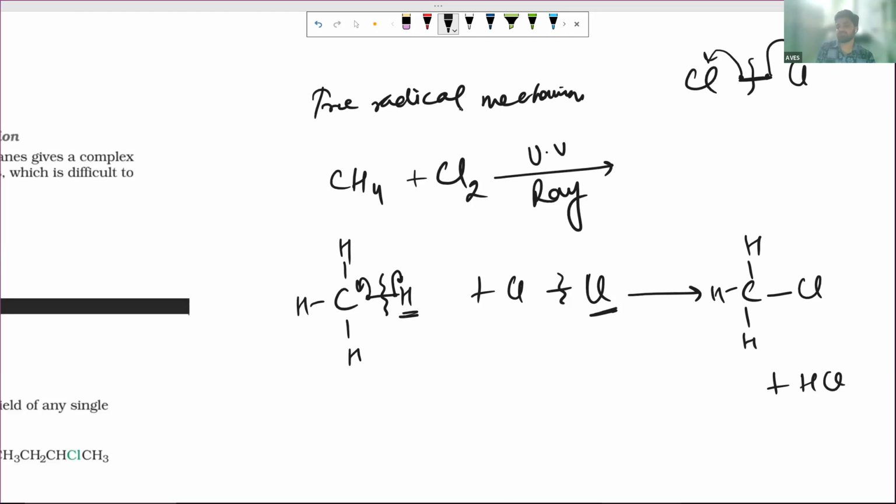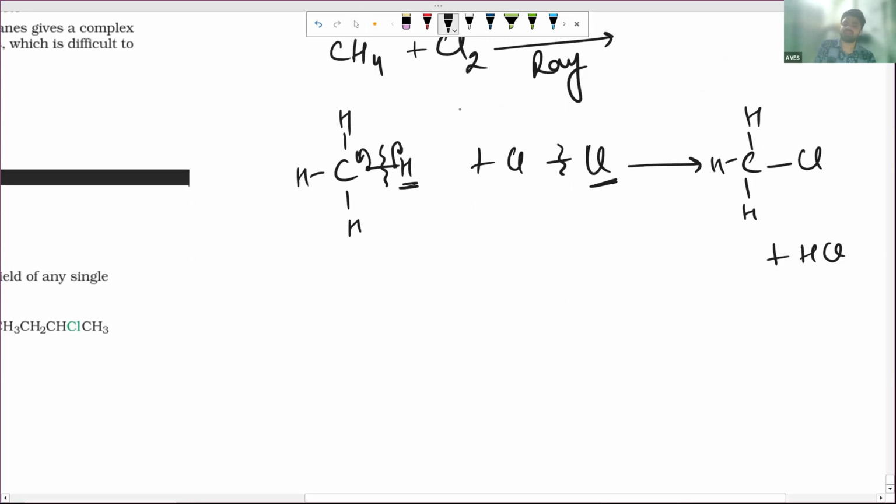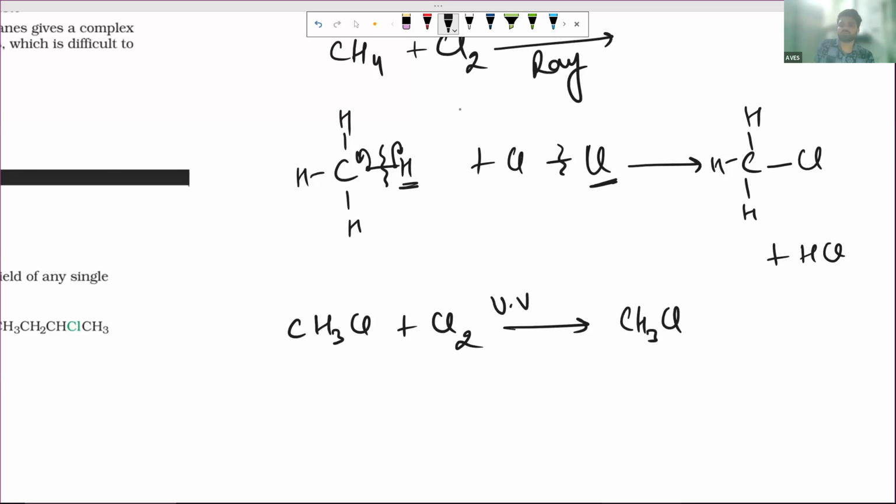Got it? So when we keep on passing chlorine gas, it will further react. CH3Cl further reacts with chlorine gas in the presence of UV rays or sunlight and gives you CH2Cl2; one more hydrogen is removed, one more chlorine atom is added, and again HCl forms. Then, passing more chlorine, it gives you CHCl3.